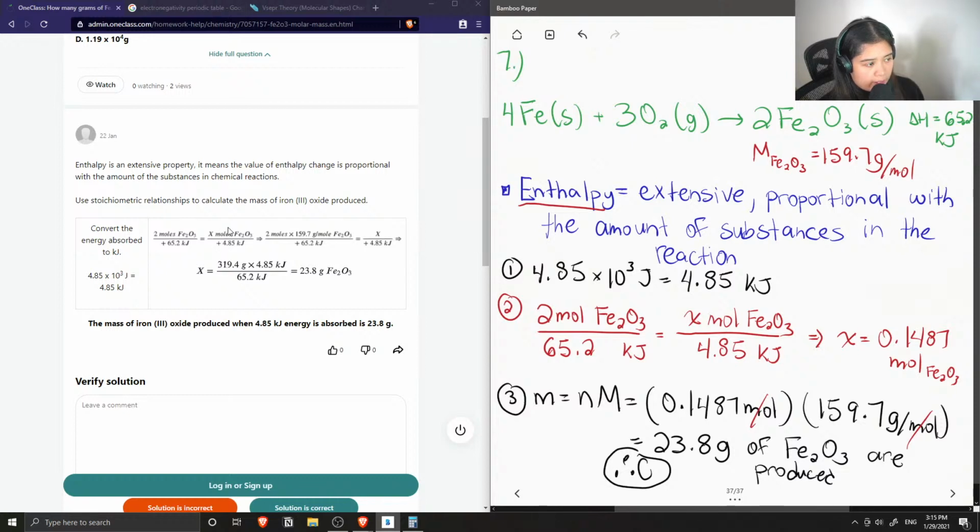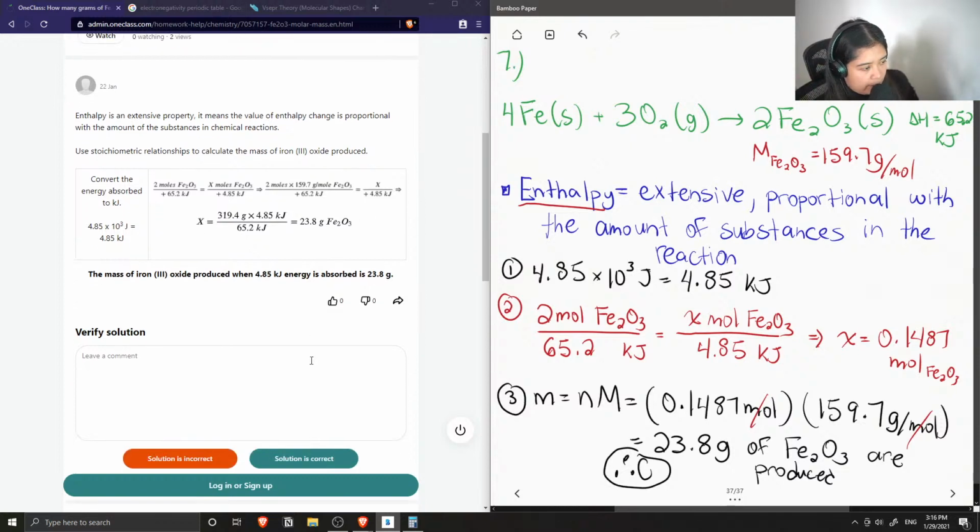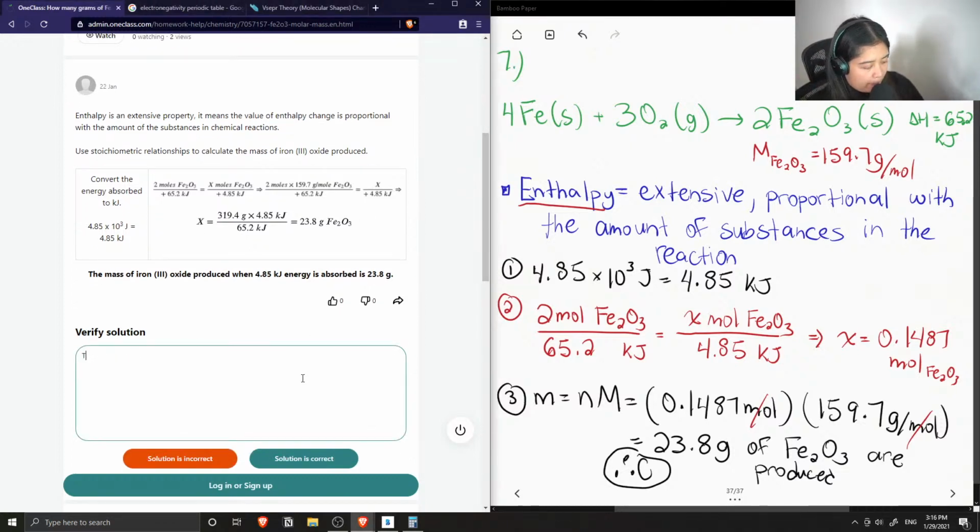And we're trying to find the moles of iron oxide produced when 4.85 kilojoules of heat is absorbed. So they solved for x, and they already showed the multiplication step with the molar mass of iron oxide, and they also got 23.8 grams. So this solution is correct.